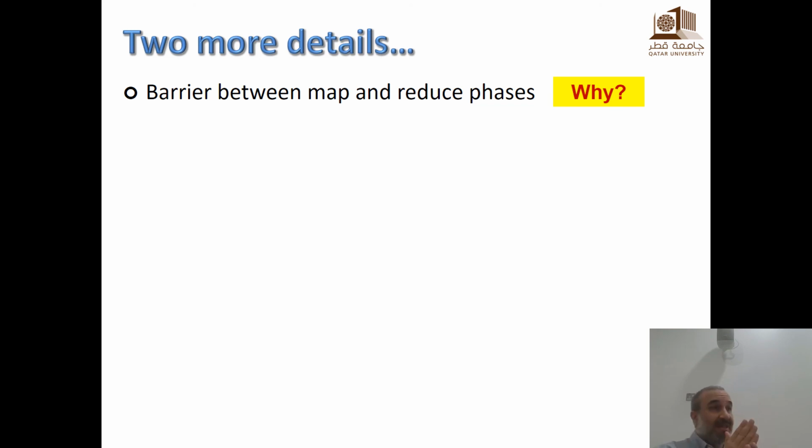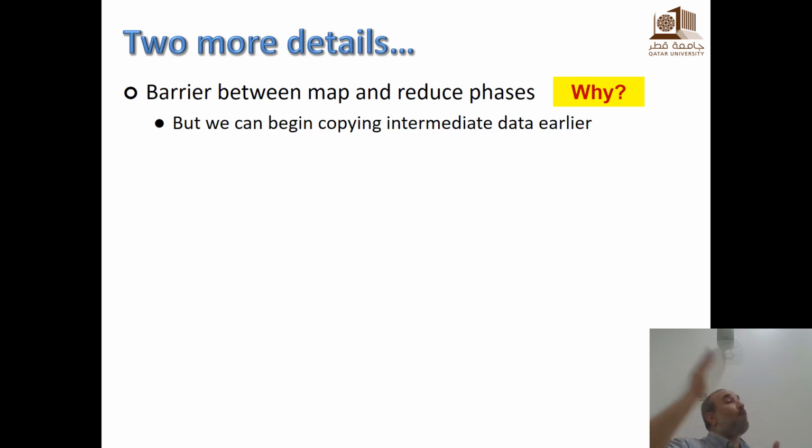We said that there is a barrier, but we can start copying, meaning moving the data across the network can start. Once one mapper finishes, its data can be distributed over the reducers. But we cannot start the reduce function itself, the execution of the reduce function, unless everything finishes. And that answers your question, Reem.